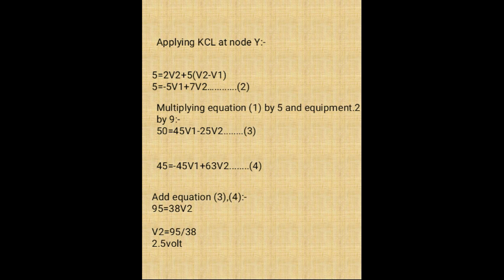Now we add equations 3 and 4. The solution is 95 = 38V2. So the value of V2 is 95/38, that is 2.5 volt. It means at node 2 the voltage is 2.5 volt.